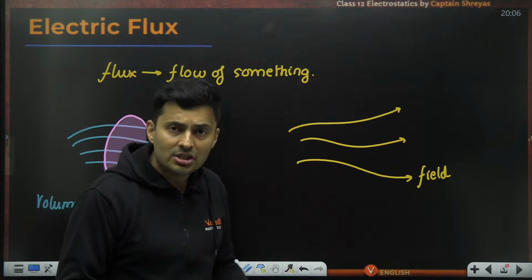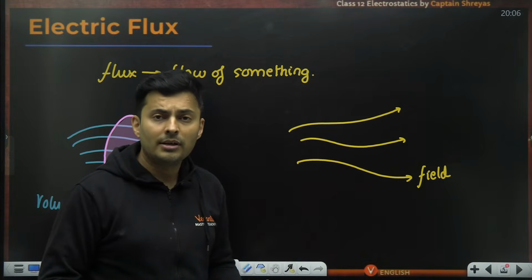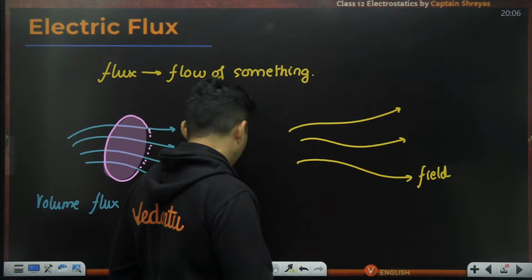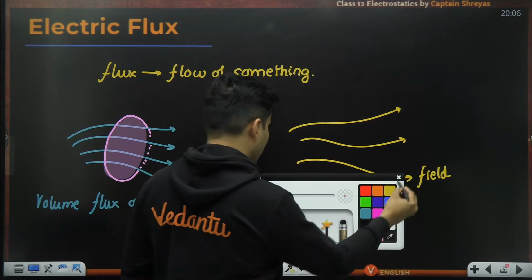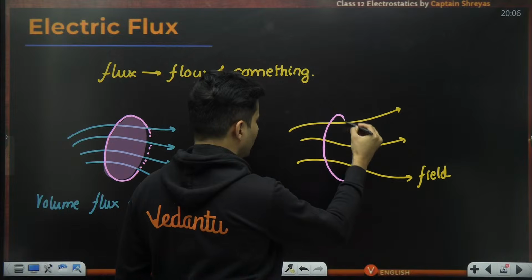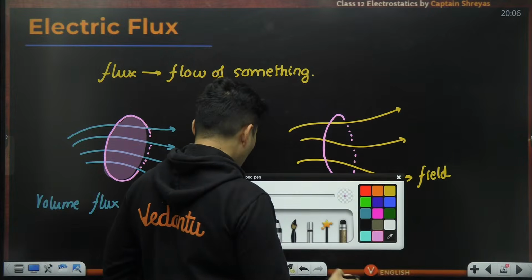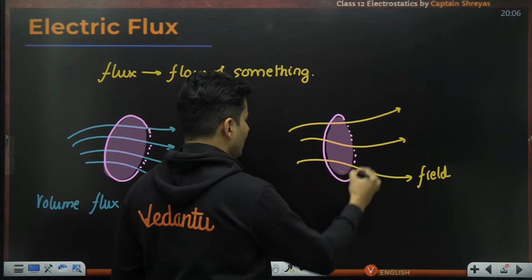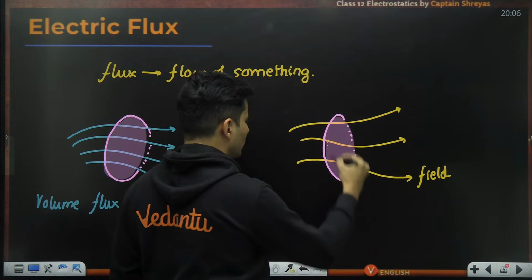It could be gravitational field, magnetic field, electric field. It doesn't matter. Maybe it pierces through some area over here, and then I will say, yes, there is some kind of flux associated with it.